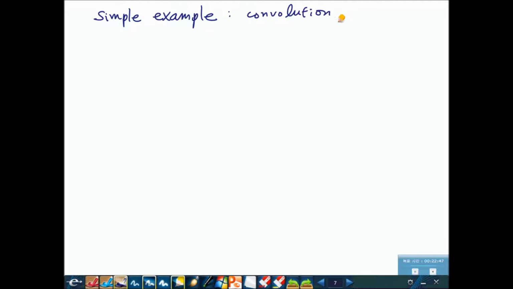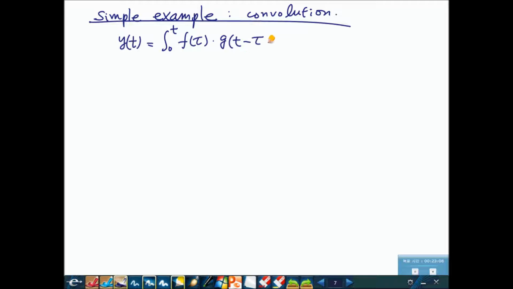But after learning this example, I'm pretty sure you're gonna know something about convolution. Okay? You can understand what's going on there. Alright? Okay, let's see. So, y of t equals the integral from 0 to t of f of tau times g of t minus tau d tau. Okay, that's the definition of the convolution, right?